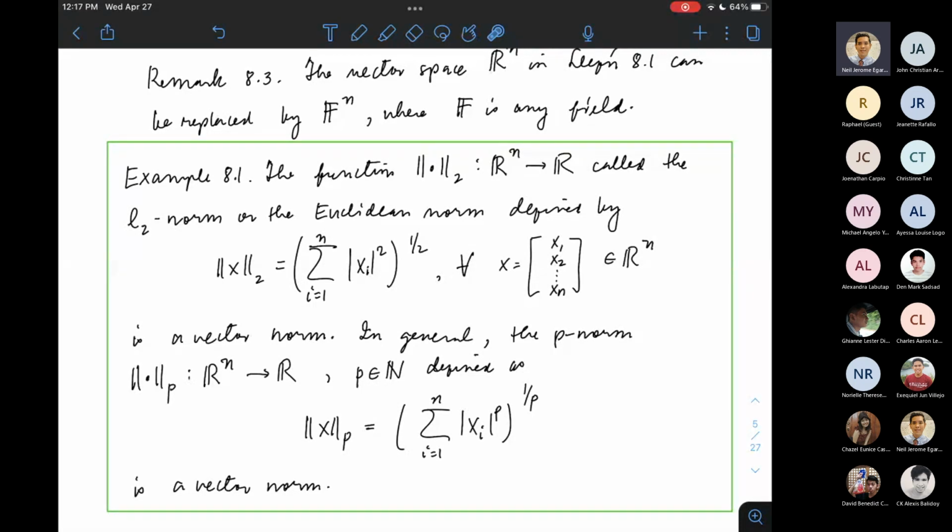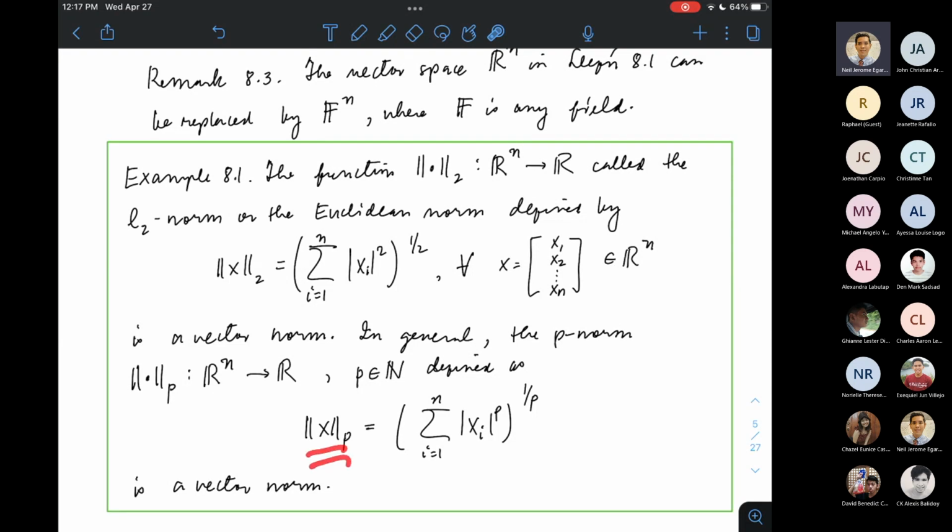Okay? And then in general, you can define the P norm, where P is actually a number from 1 to infinity. All right. Usually we take this to be integers, but actually there's no restriction for them. Basta greater than or equal to 1, okay siya na norm. Okay? Pero paano natin siya kino-compute?